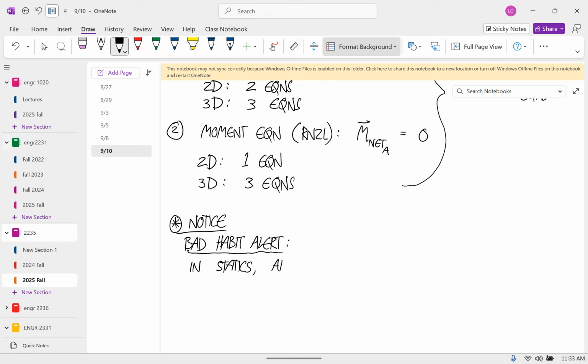The about point A can be any point, even points that aren't on the body.